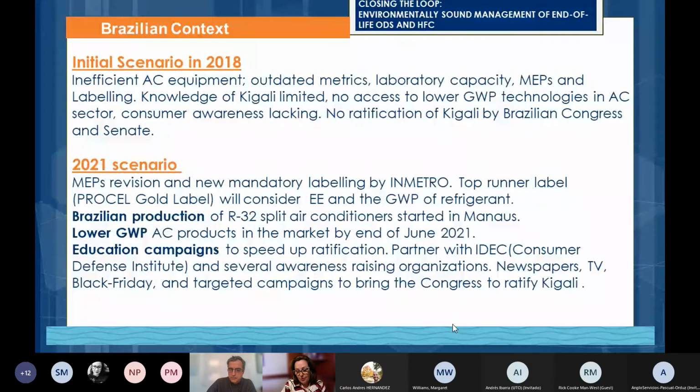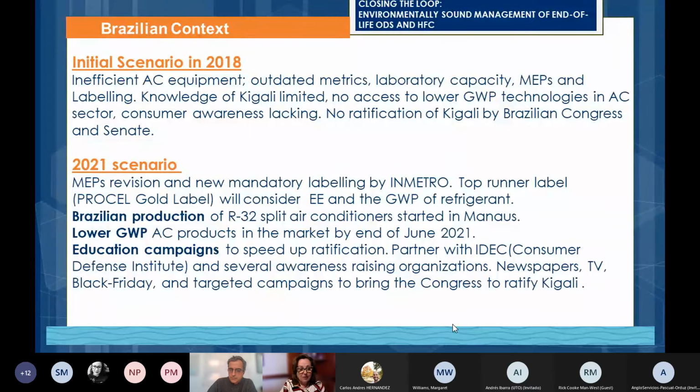It's important to show that when we started the Kigali project in Brazil, many actions were needed before we even thought about pushing for high efficiency products in the market. For instance, the minimum energy efficiency performance standards and labeling were outdated.